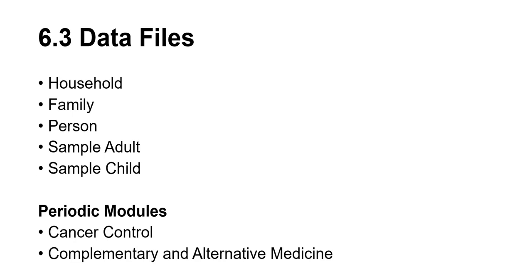Again, with the redesign of the NHIS in 2019, I believe that the person file may be incorporated into some of the other sections. I will go over the household, family, person, sample adult, and sample child data files in following slides.